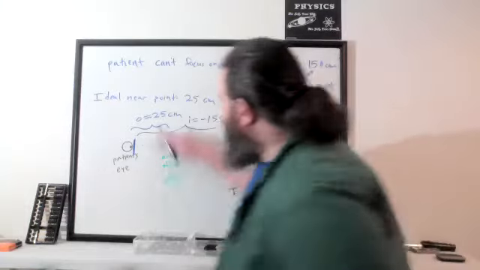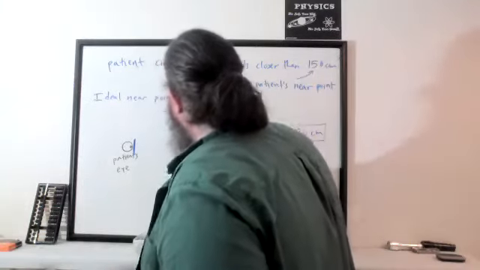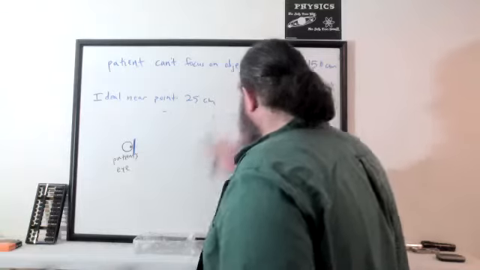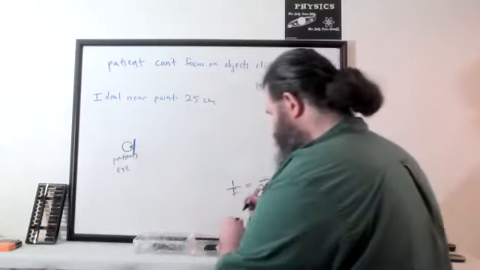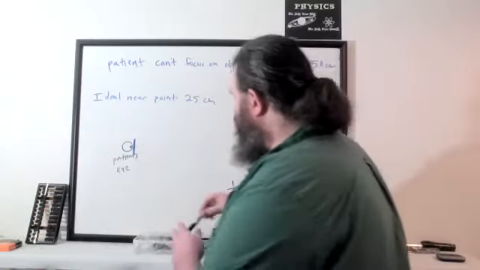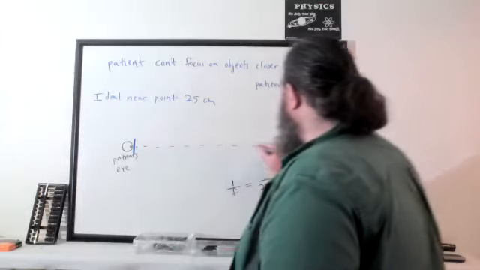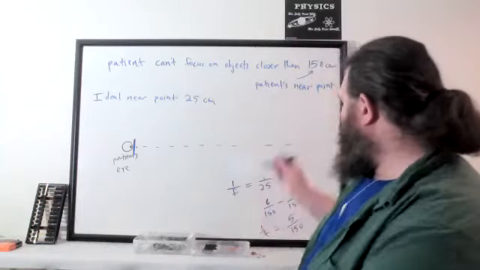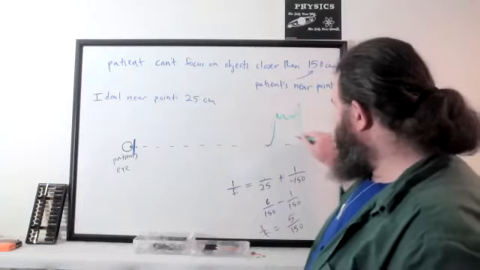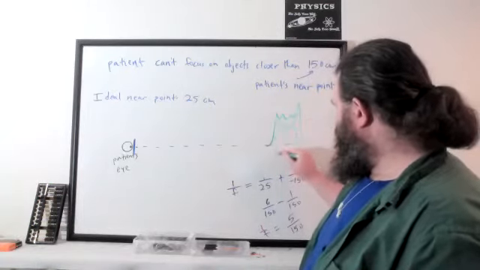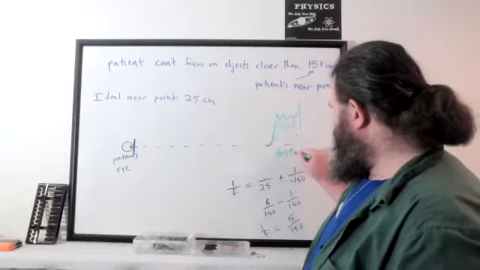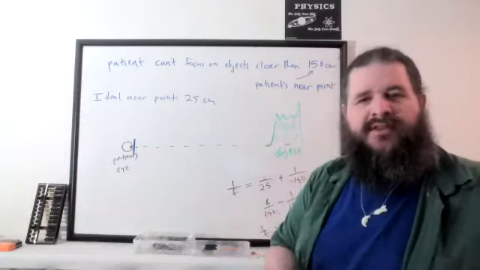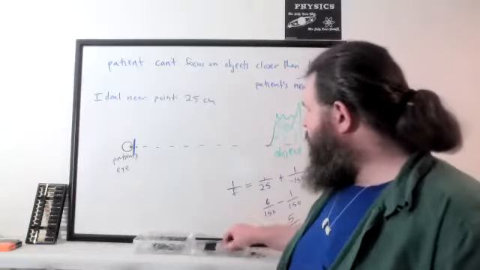Yeah, let's try it out if it's the other way around. If the patient has difficulty seeing far away things, let's say we've got, say, a mountain that's very, very far away. So the object is this mountain that is so far away, we're going to treat this as effectively infinitely far away.